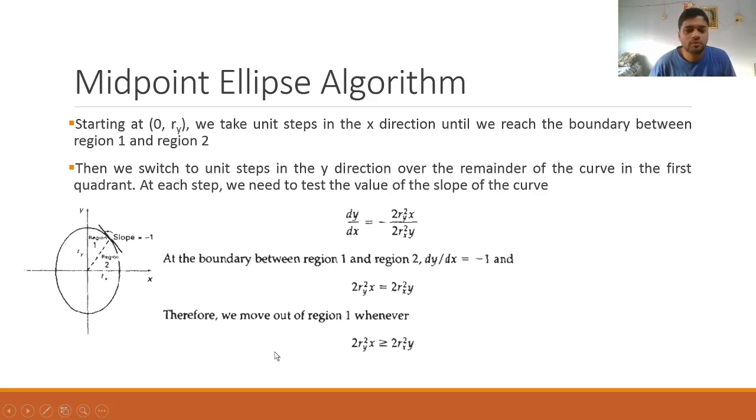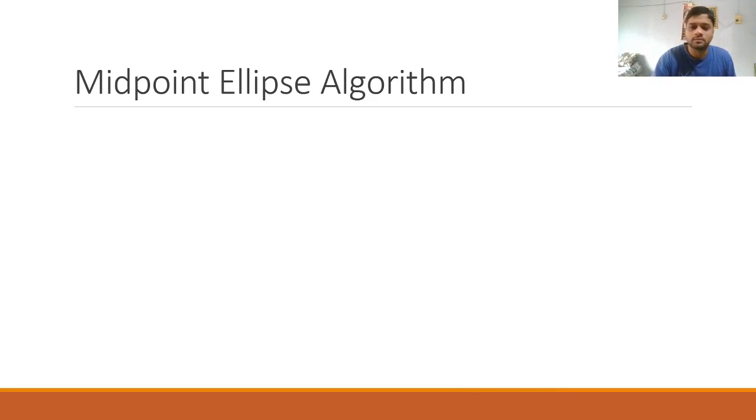Therefore we move out of region 1 whenever 2 ry square x is greater than or equal to 2 rx square y. This gives us a decision parameter value wherein we can immediately compare these two values, and if 2 ry square x is greater than 2 rx square y, then we move out of region 1.